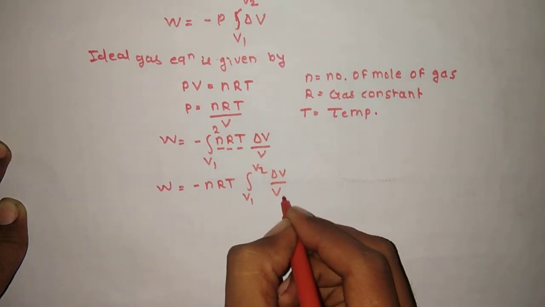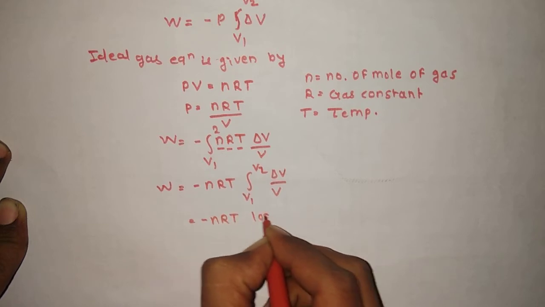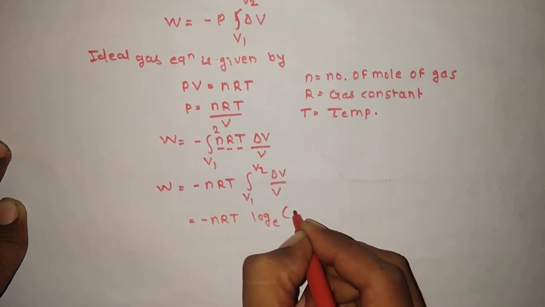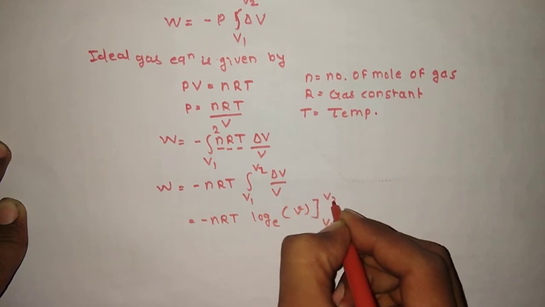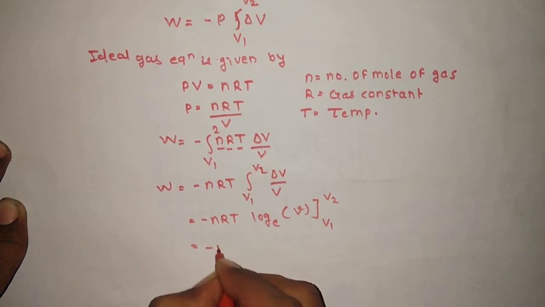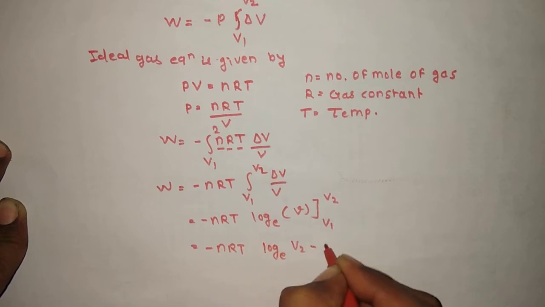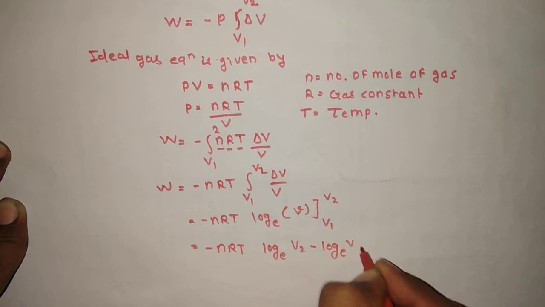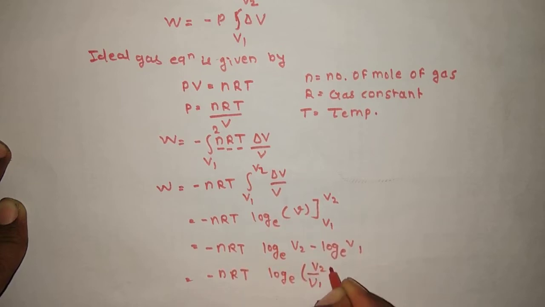Now integrating del V upon V, we get minus nRT log e of V from limit V1 to V2. Putting the limits, we get minus nRT, log e of V2 minus log e of V1. So minus nRT log e of V2 by V1.